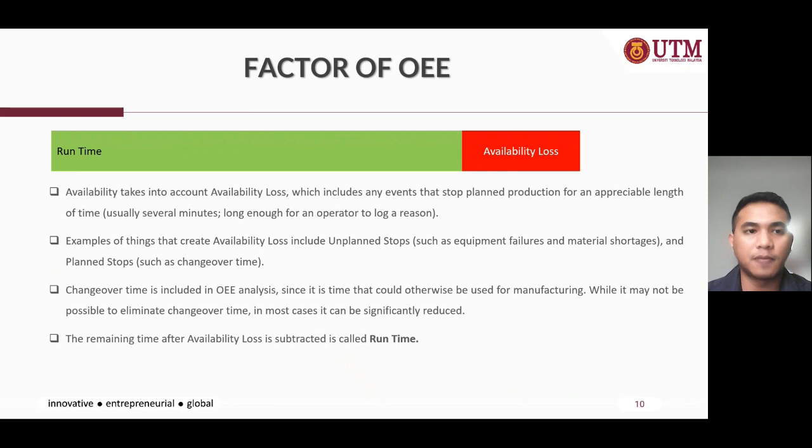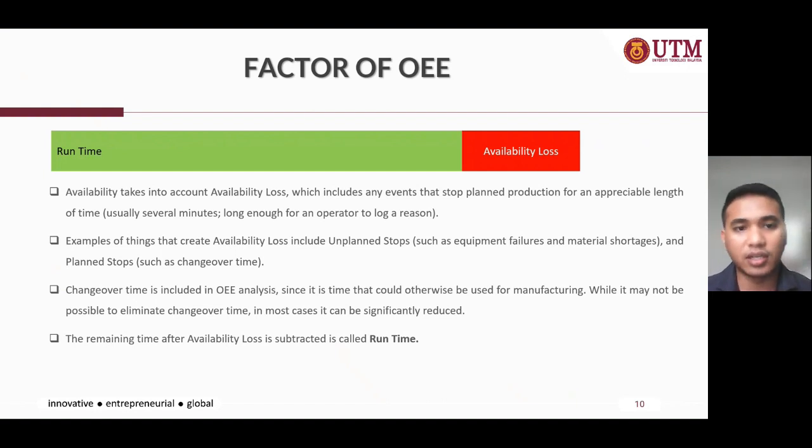From the runtime, this is basically what we discussed earlier on availability. Availability takes into account availability loss, which includes any events that stop planned production for an appreciable length of time, usually several minutes, long enough for an operator to log the reason.